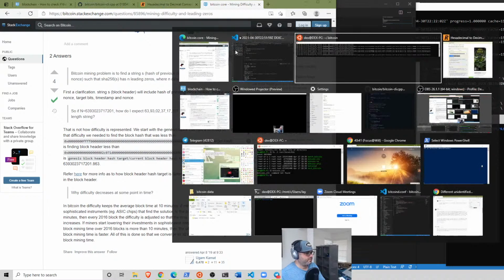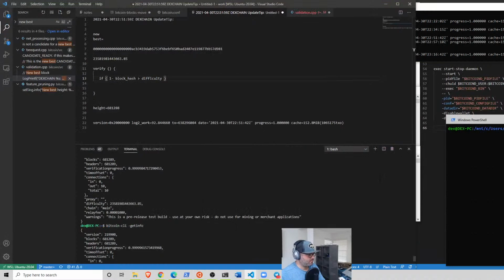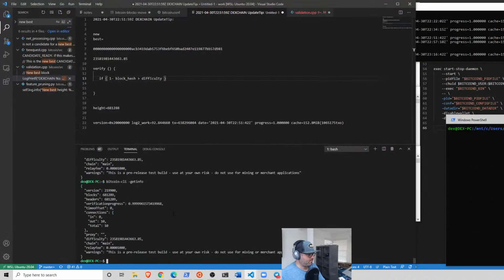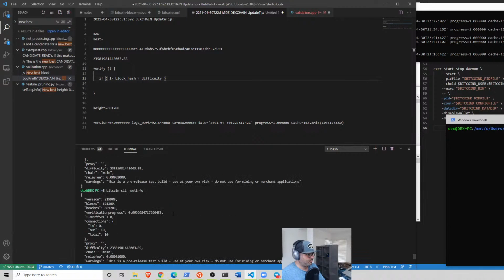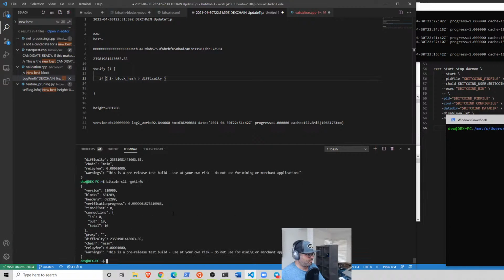So let's look at the previous hash target. Divided by 1.